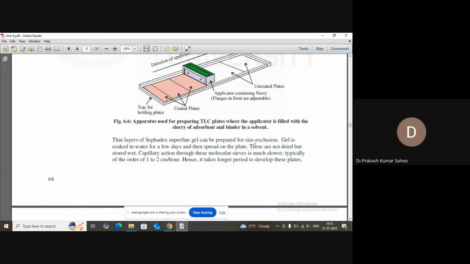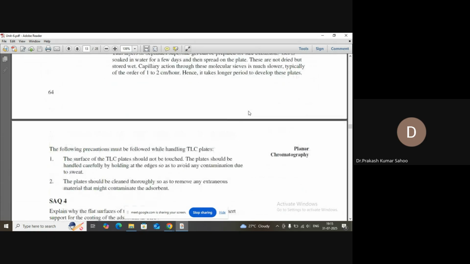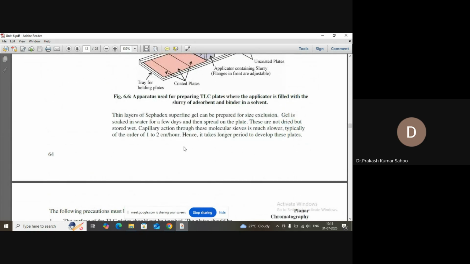Then after the spreading of the slurry, we have the sample as well as the mobile phase movement. Just reading out these two lines: a layer of Sephadex superfine gel, which is the commercial name, can be prepared for size exclusion chromatography, where different components are separated based on their dimension or particle size.